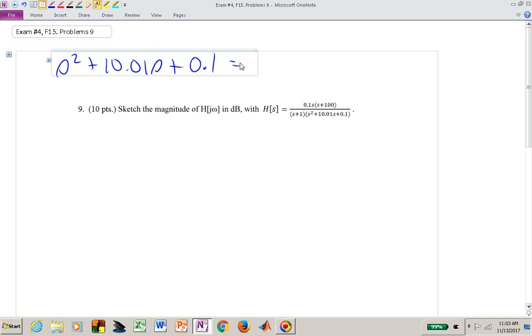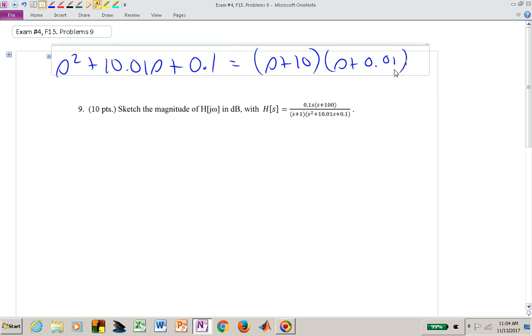It's actually 2 real factors: a factor of s plus 10 and a factor of s plus 0.01. So we have a pole at 0.01 radians per second, and we have another pole at 10, and we also have another pole at 1.